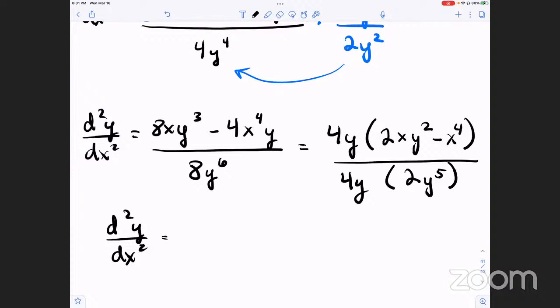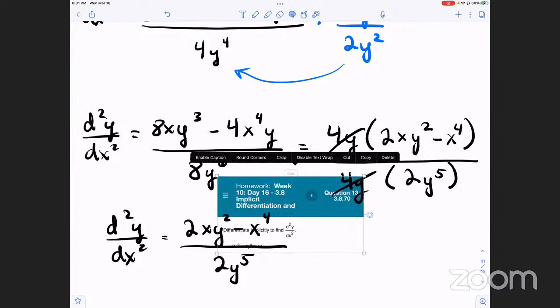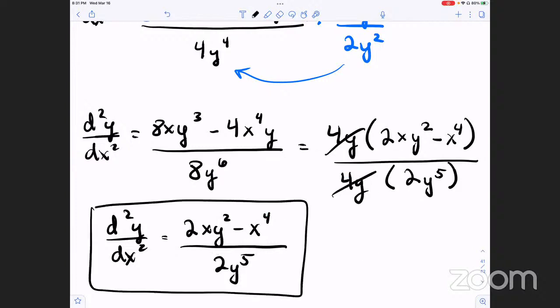All right. And then these cancel. And this is what we get: 2xy squared minus x to the 4 over 2y to the 5th. Nope, that's not what I was trying to do. All right, this is what we got. We're going to cross our fingers.